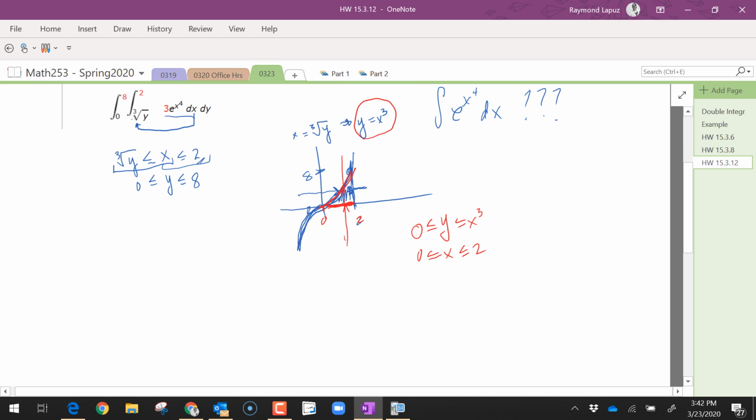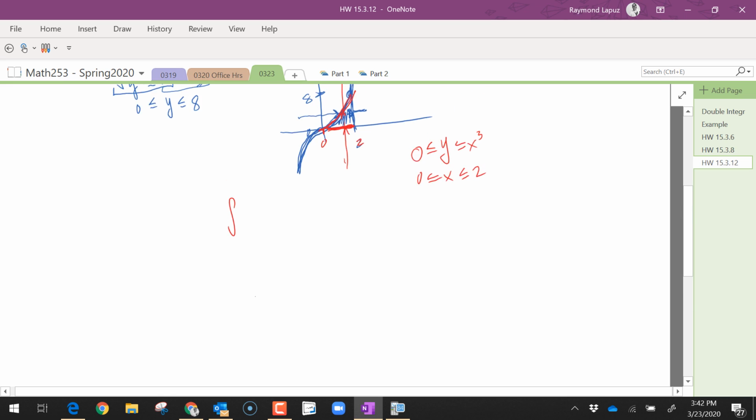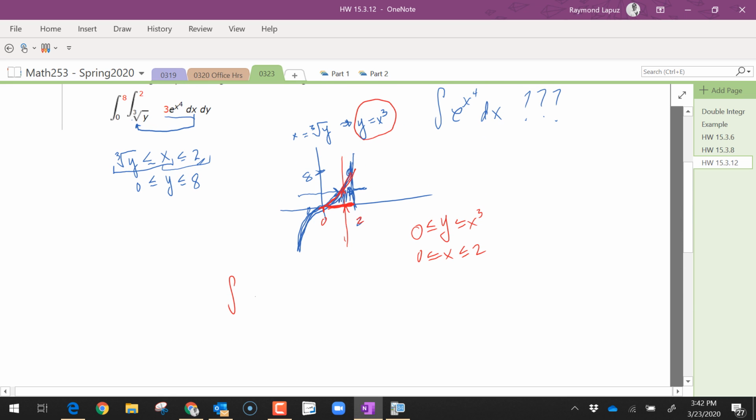Okay, so let's write this integral and see if we have any hopes for solving it. Your integrand is 3e to the x to the fourth, and we're going to integrate with respect to y first, dy, and our y limits are going to go from 0 to x cubed. And then we're going to integrate with respect to x, and our x limits are going to be 0 to 2.